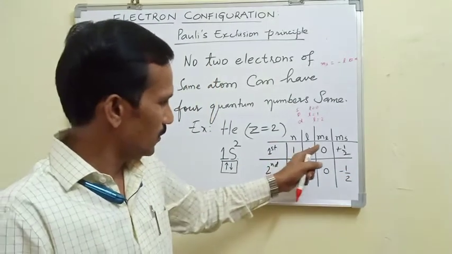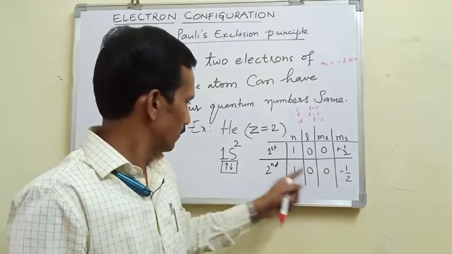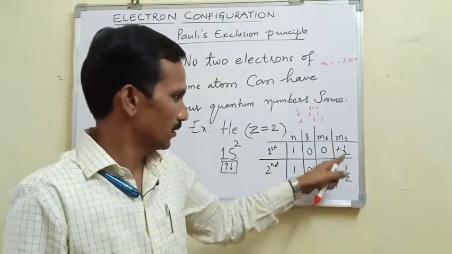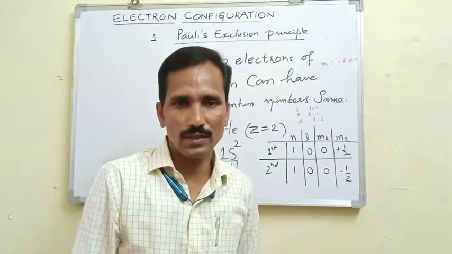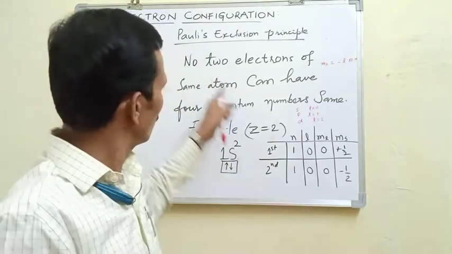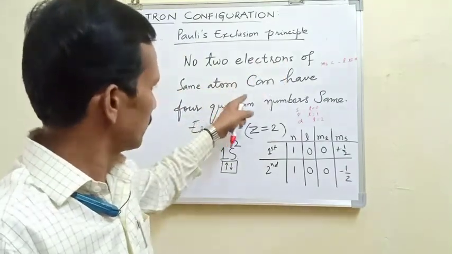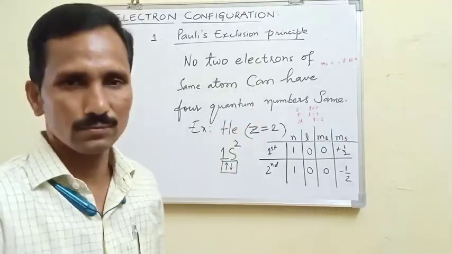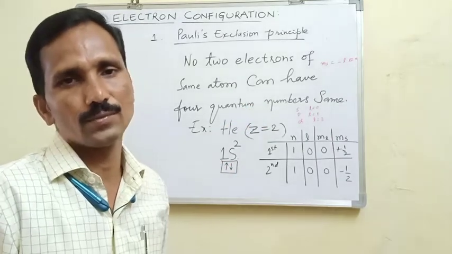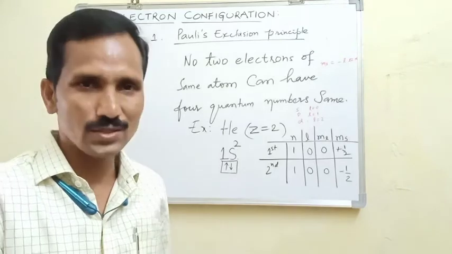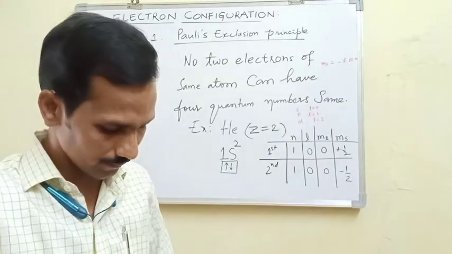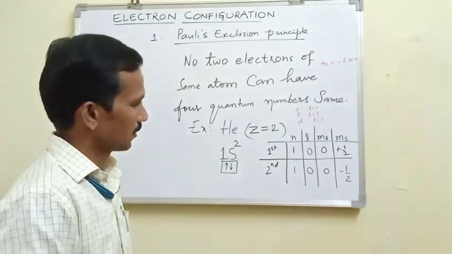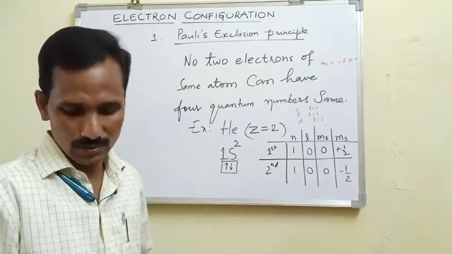These three values came equal for 2 electrons, but the spin quantum number is different. Like this, no 2 electrons of the same atom can have 4 quantum numbers the same. The quantum numbers differ like this.